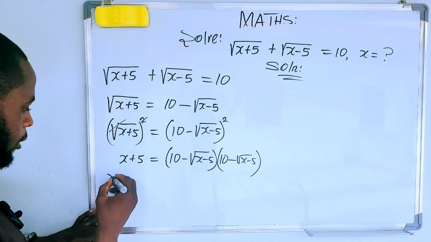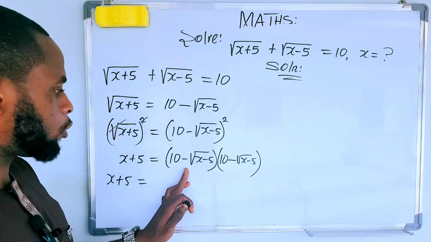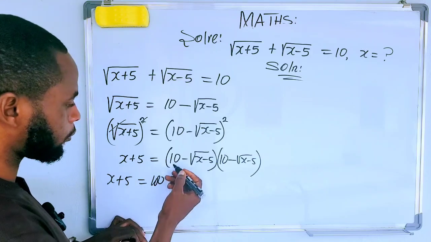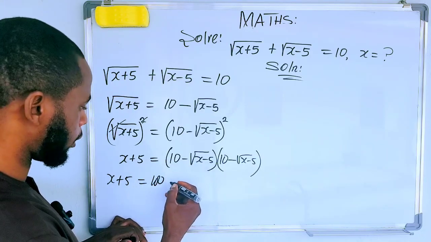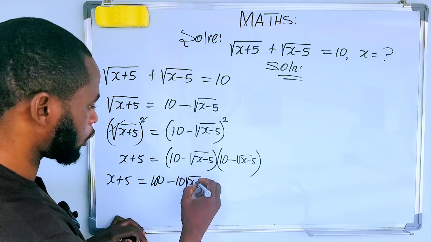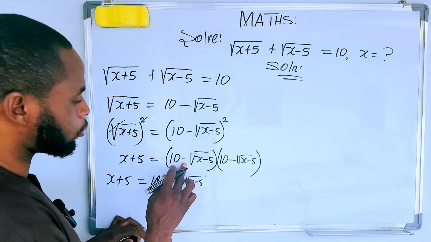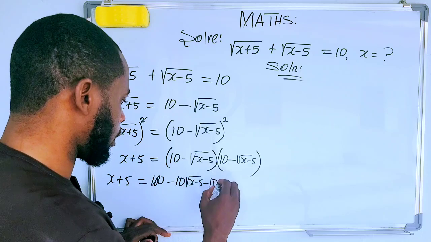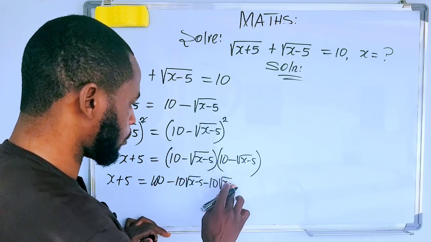Then we bring this down, x plus 5 equals, if you expand this, we have 10 times 10, that will give us 100. Then 10 times minus square root of x minus 5, that will give us minus 10 square root of x minus 5. Then we have minus square root of x minus 5 times 10, that will give us minus 10 square root of x minus 5.